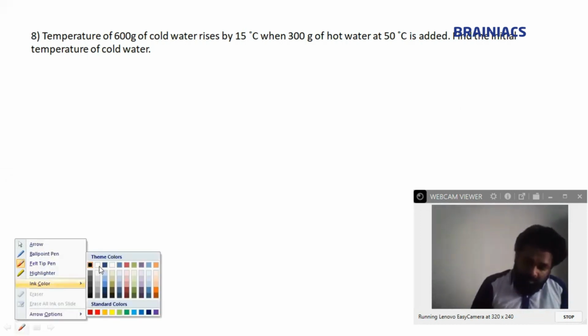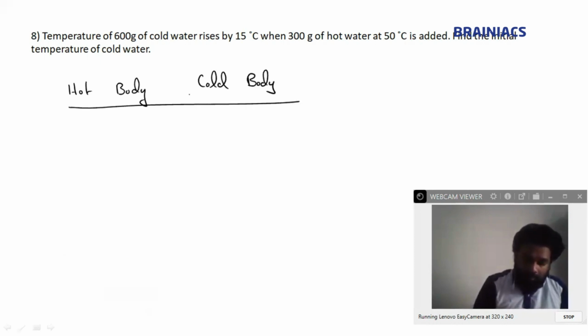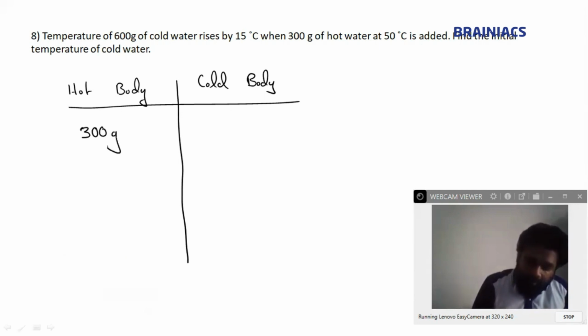Okay, so here I am just going to write hot body and cold body. Now here the hot water mass is 300 gram. Cold water mass is 600 gram.